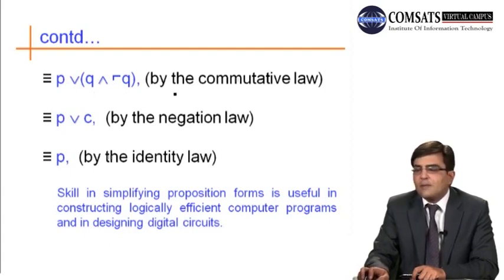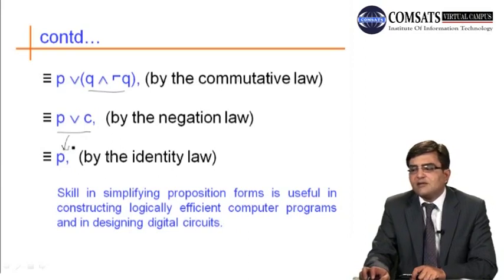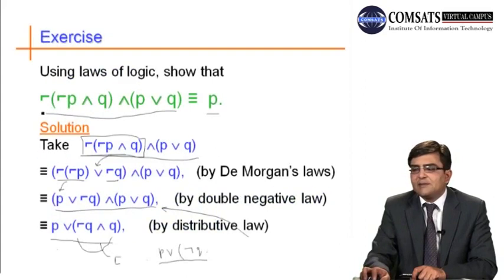Here we have the commutative law, as we have stated in the commutative law that we can interchange the individual propositions. Then applying the negation law, Q and not Q gives us a contradiction C. And then by the identity law, P or C is always P. Therefore we have proved that this expression on the left in this exercise is logically equivalent to P by using the laws of logic.